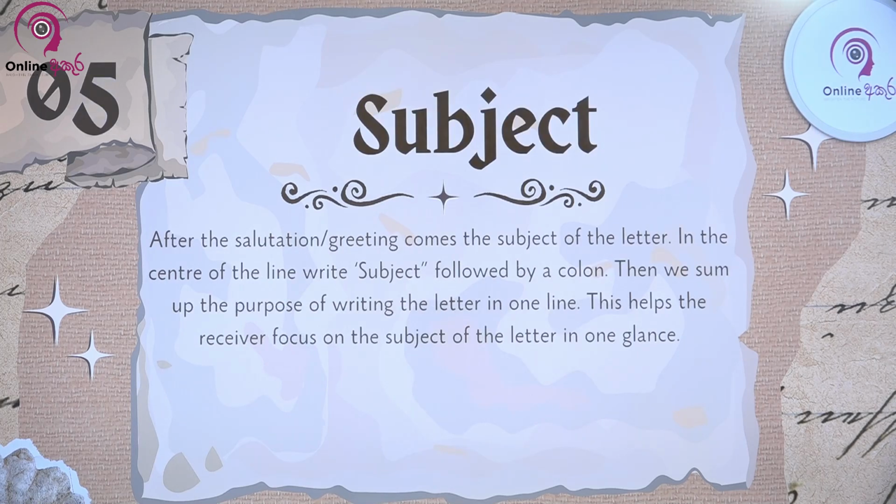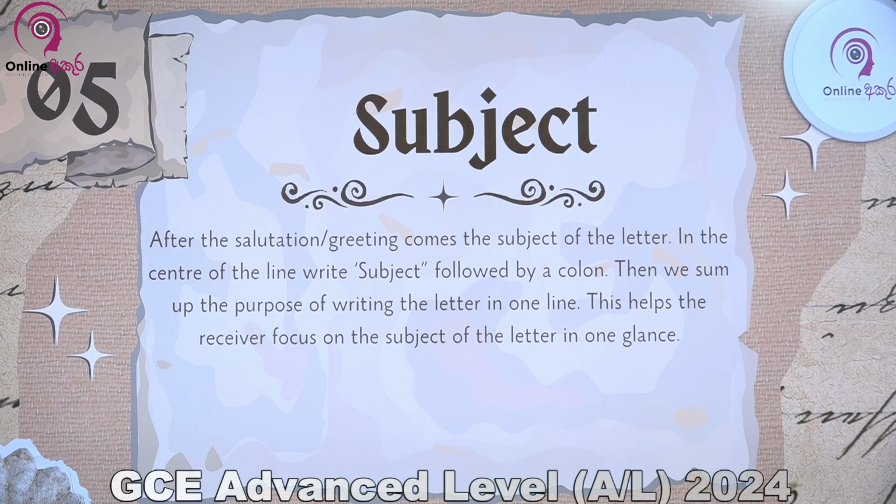Subject is another thing, another way of calling the subject is the topic of the letter. What the letter contains. For example, requesting an extension to submit the assignment, or cover letter for the post of receptionist.